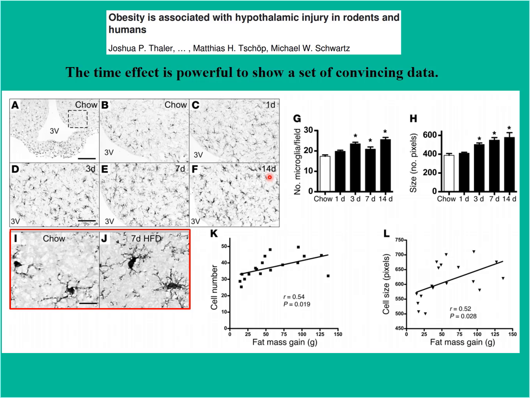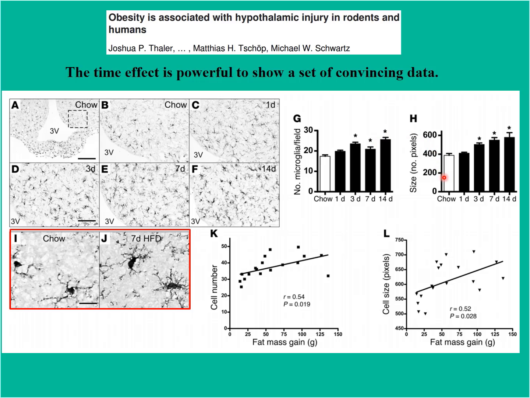What they have shown here is the number of microglia cells increased with the increased time of high-fat diet. Here's the quantitative plot using a histogram. See the increase after 3 days of high-fat diet. This is significant. And also 7 days and 14 days.